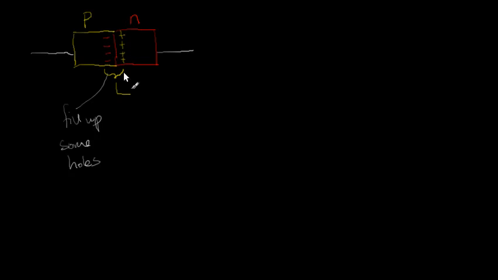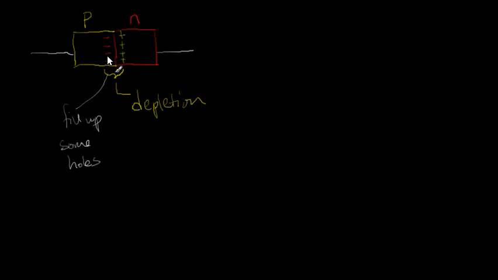Okay, so this region now has neither holes because they get filled up here, nor electrons because they have diffused over. So this region, which does not have these mobile charges, or mobile carriers of charge, is called the depletion region.